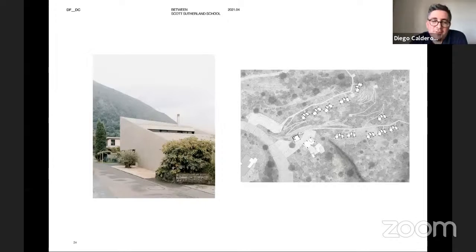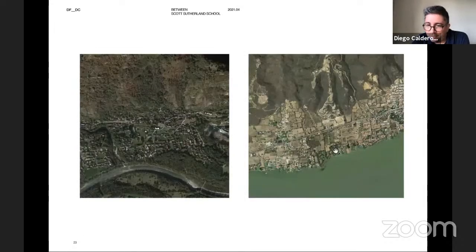In this case, it's a house that we, for some reason, decided to name the Pyramid House. Hopefully, it's quite obvious why. And the other project is a still unrealized landscape hotel, not next to the lake, but in the very steep mountains, just a few hundred meters behind.